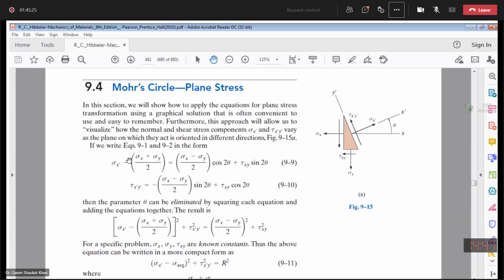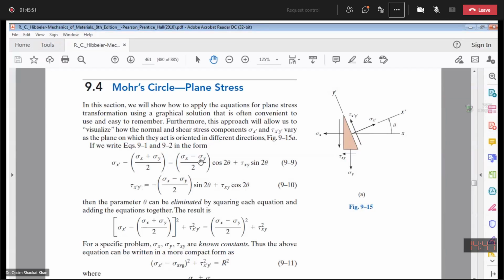The only difference is this part, which was earlier on the right hand side, they have moved to the left hand side. So sigma x dash is equal to sigma x plus sigma y over 2 plus sigma x minus sigma y over 2 cos 2 theta plus tau xy sin 2 theta. And equation 3 is tau x dash y dash is equal to minus sigma x minus sigma y over 2 sin 2 theta plus tau xy cos 2 theta.